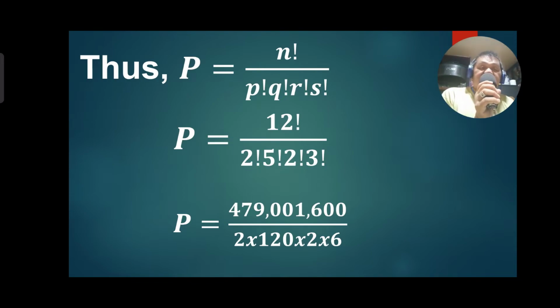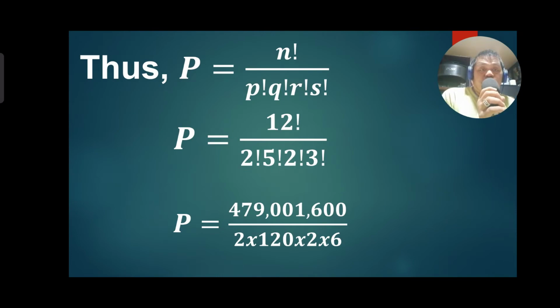So what is n? Our n is 12 factorial because there are 12 books. We have 2 mathematics books, that would be 2 factorial, 5 science books, that would be 5 factorial, times 2 Filipino books, that would be 2 factorial, and we have 3 English books, that would be 3 factorial.